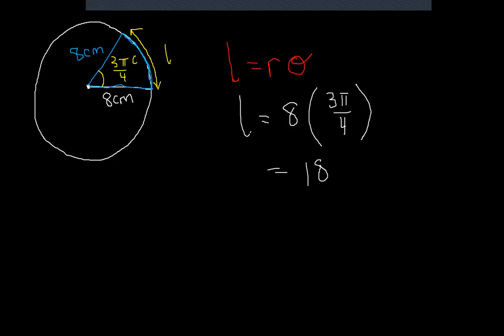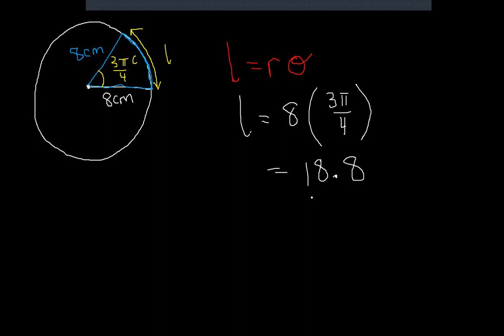So just 3 significant figures is fine, right? But like I said, it all depends on what the question asks you. But if they don't tell you anything, 3 significant figures is the standard. 18.84.